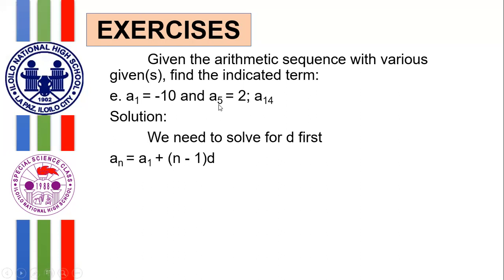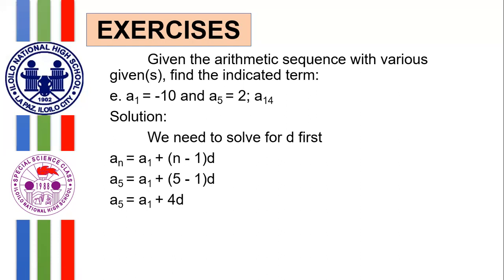So this is n, which is 5. We will replace all n's here with 5, and you will have a sub 5 equals a sub 1 plus 5 minus 1 times D. 5 minus 1 simplifies to 4. That's why a sub 5 is equal to a sub 1 plus 4D.